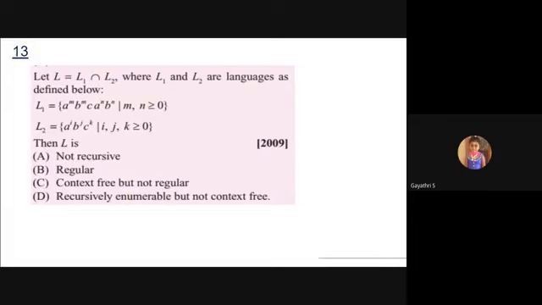First, L1. You have to find out the type of language L1: whether it is regular, context free, or recursive. I don't think too much in the part of recursive. Yes, context free. What about L2?